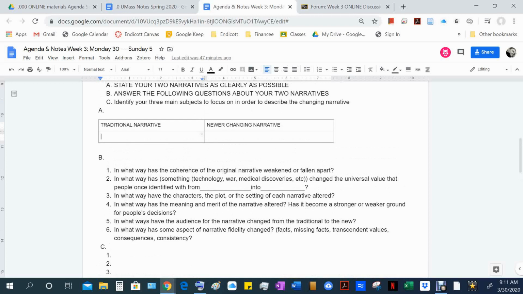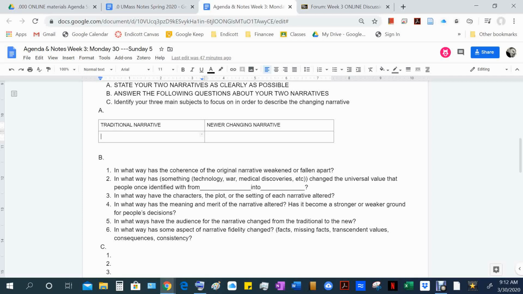Right, because in theory, the traditional narrative, the way things used to be, the beliefs that people used to have, has changed for some reason. So that's what the coherence means. It's like, what aspect of it, the character, plot, setting, something has weakened or fallen apart in the traditional one.